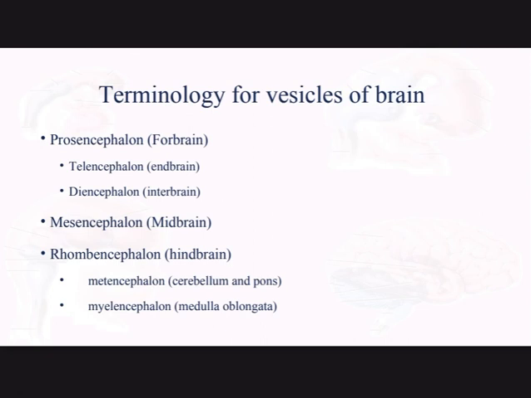We have the telencephalon, we have the diencephalon. Mesencephalon is the same. بينما under the rhombencephalon we have the metencephalon, which is the cerebellum and the pons تحت. بينما الmyelencephalon is the medulla oblongata. So this is the terminology because we go back and forth between them.